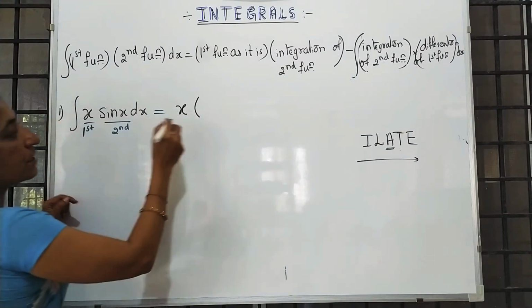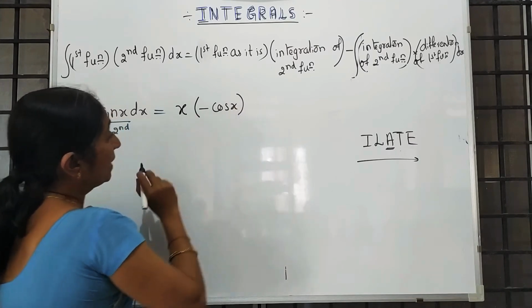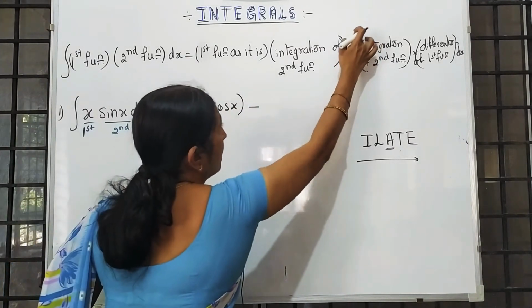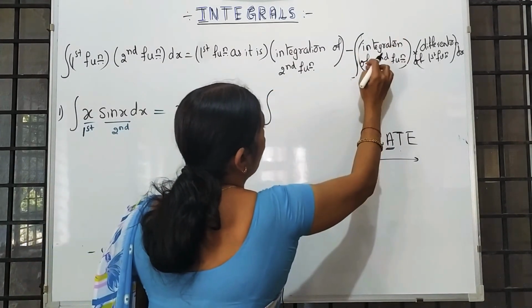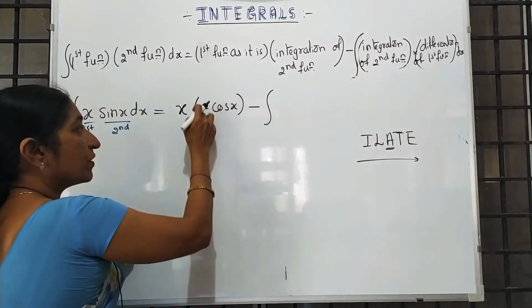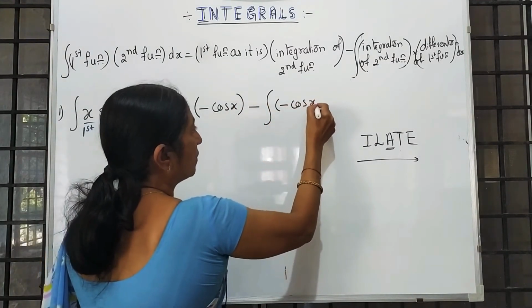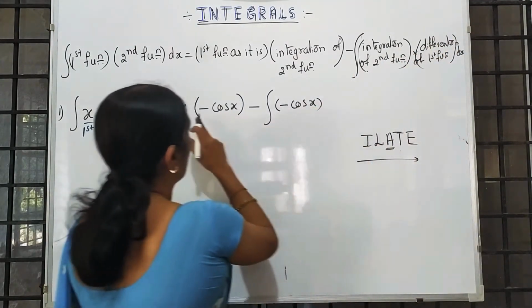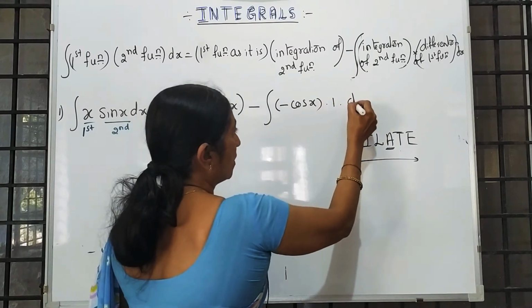Integration of sin x is what? Minus cos x. You should be familiar with the basics. Minus this integration sign as it is. Integration of the second function, that means whatever we wrote here, minus cos x, into differentiation of the first function. What is the differentiation of x with respect to x? 1, into dx.